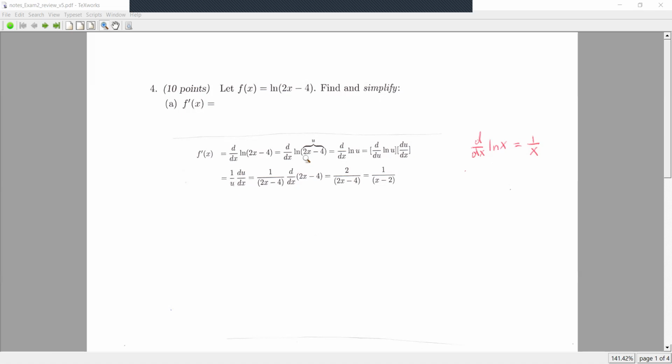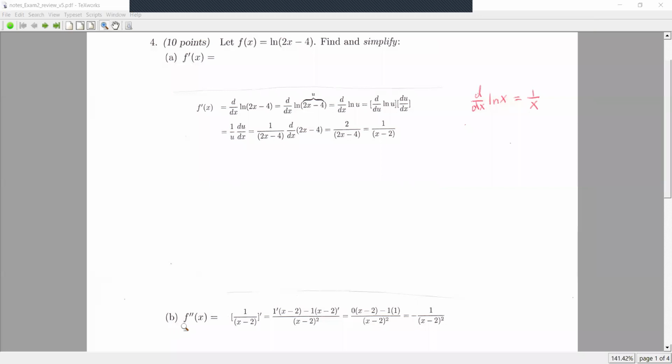Now, plug in 2x minus 4 for u here. Then I have this equation. The derivative of 2x minus 4 with respect to x is 2. Then simplify this quotient by taking out 2 from the bottom and canceling 2. Then this is the answer to part A.